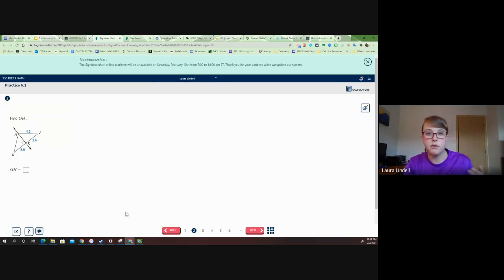The second one is similar, except it's with a perpendicular bisector this time instead, because we have less angle stuff going on and more segment stuff going on, and we've got this perpendicular 90-degree angle going here. And we notice that these are both 3.6, so that means it's the bisector. And we're looking for GH. So again, someone in the chat, what's GH going to be?